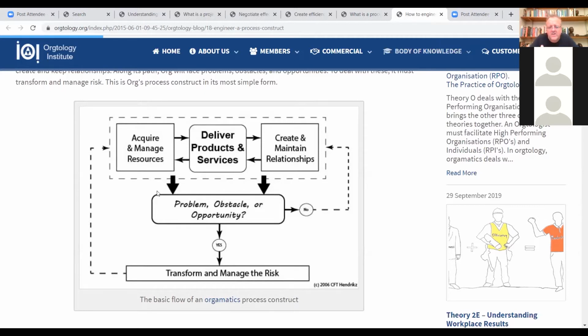And we use that to understand what the obstacles, opportunities, and problems are. The only way that we can remedy them is either through transformation, often called strategy, or on smaller levels, it's just called projects. And we manage risks, so we have to treat risks. I can say quite a lot about every box here, but we don't have the time for that.